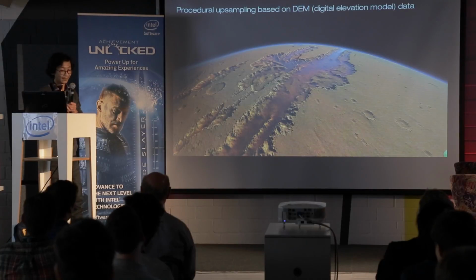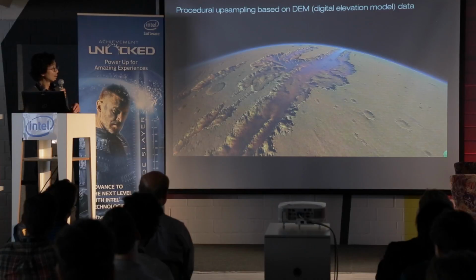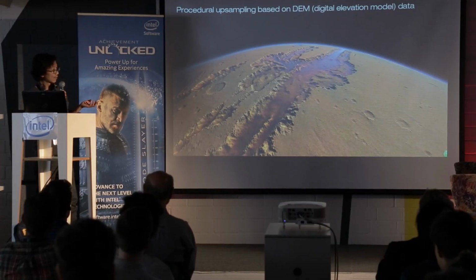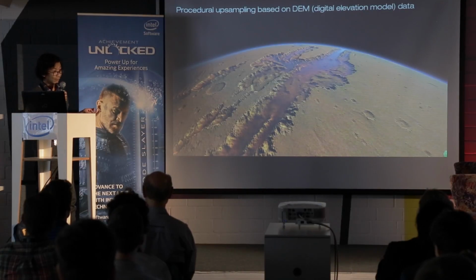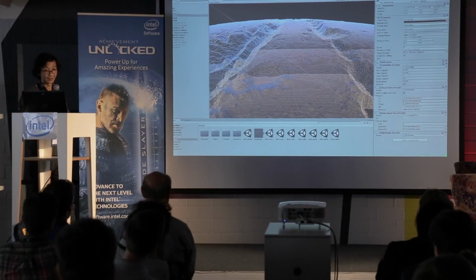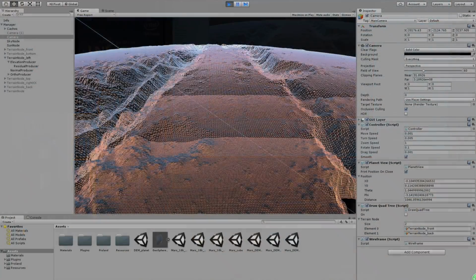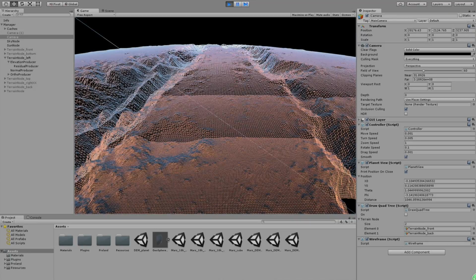That means you can look at Mars from a far distance and it looks quite good, but if you go into the valley, the resolution of the data is just limited.